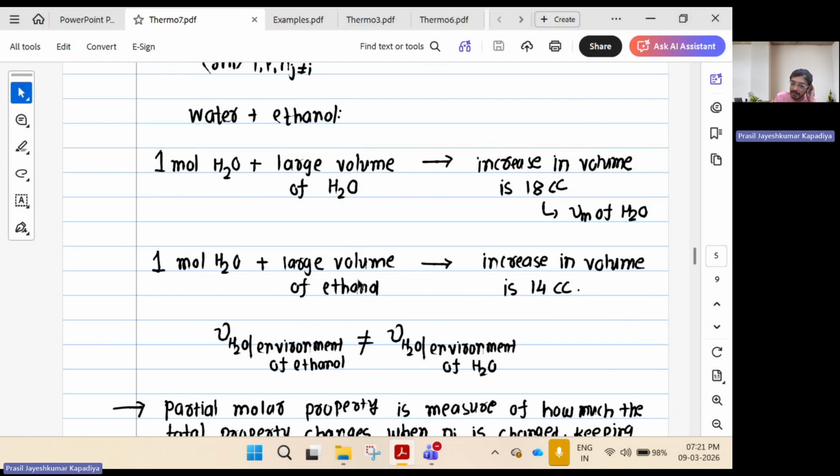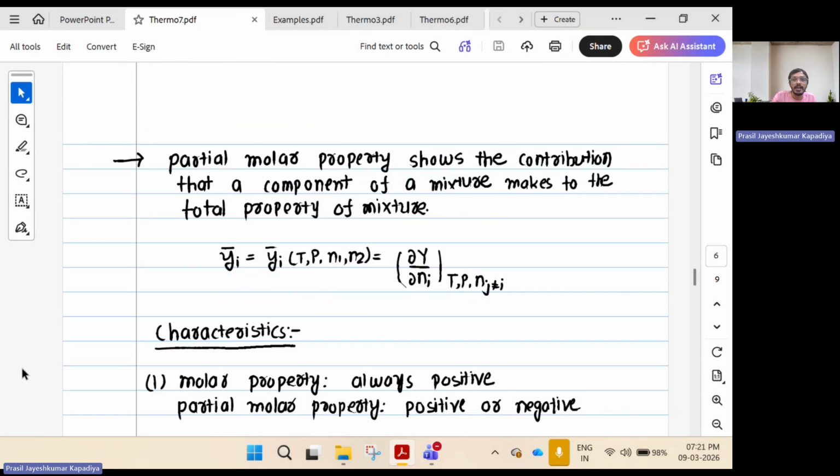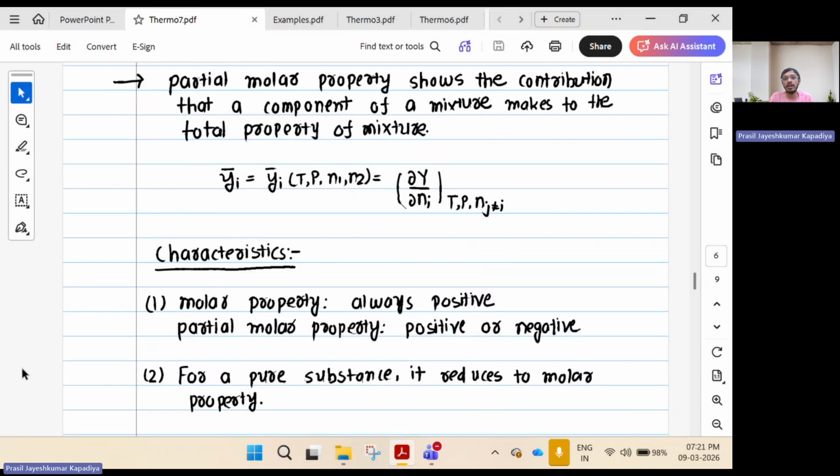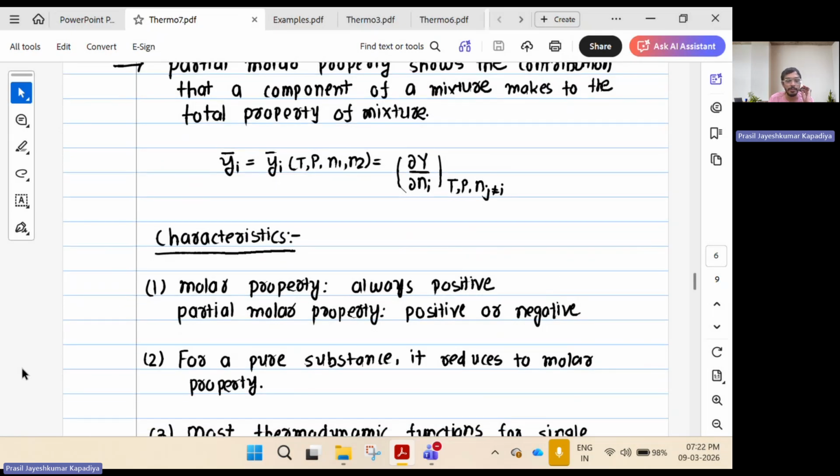So this says that the partial molar property is a measure of how much the total property changes when Ni is changed, keeping temperature, pressure, and other mole numbers fixed. And it shows the contribution that a component of a mixture makes to the total property of the mixture.